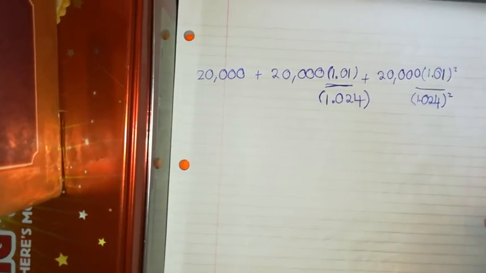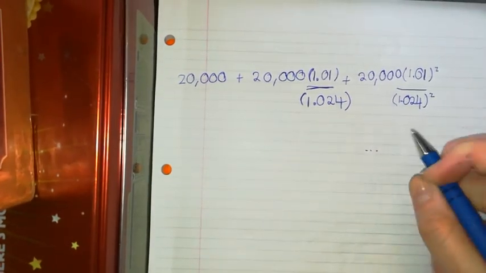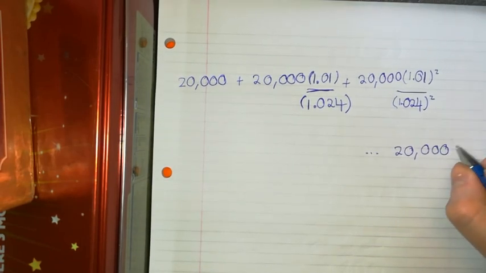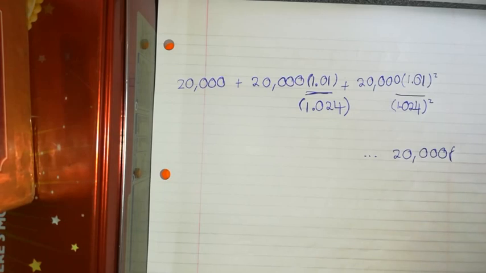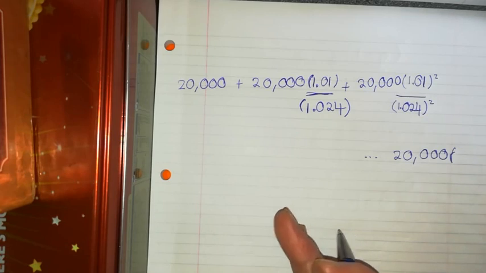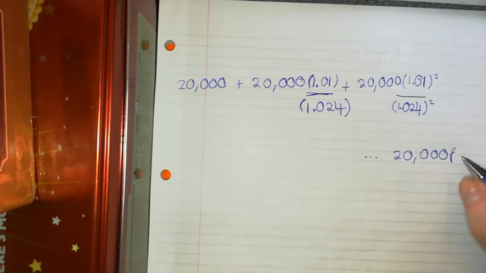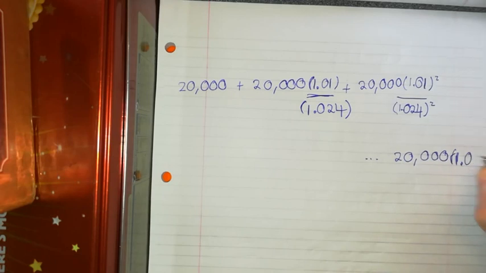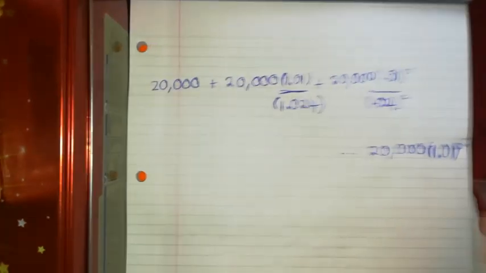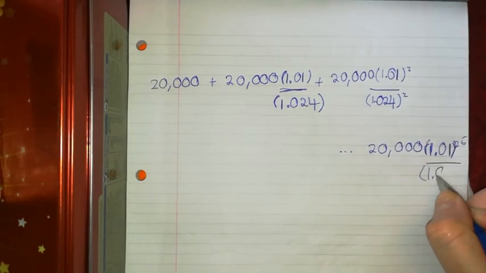And then it goes on, and for 25 years, 20,000, and they pay a sum on the same date each subsequent year. So they pay him one day and then for another 25 years, so 1.01 to the 25, divided by 1.024 to the 25.